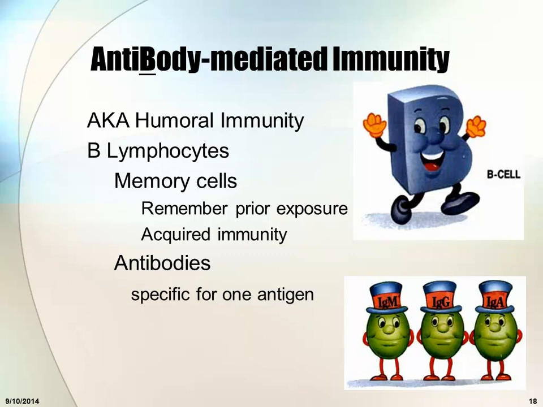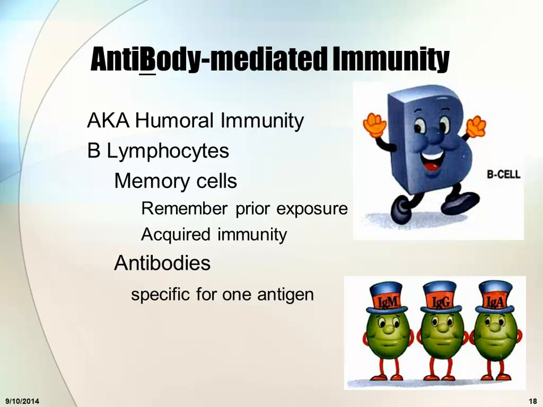So anyways, let's talk specifics. Some of the B cells change into memory cells. They recognize the foreign antigen, and they provide acquired immunity later against that disease. Some B cells change into plasma cells, and these plasma cells are going to produce antibodies, immunoglobulins and gamma globulins.